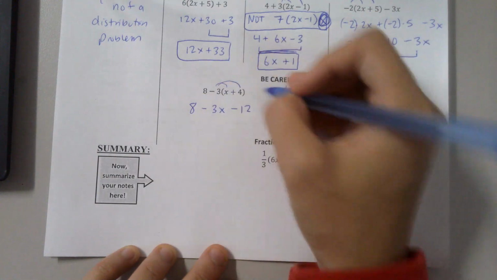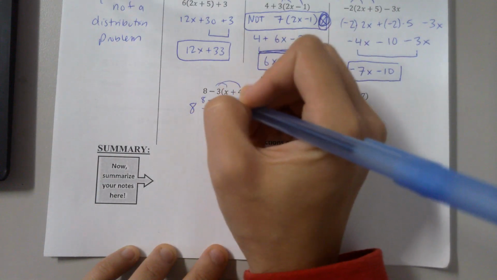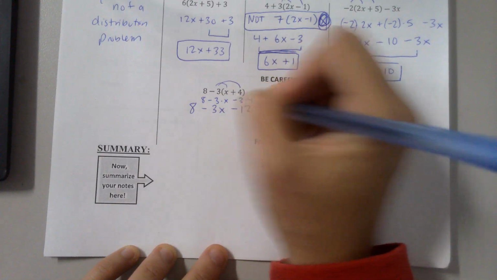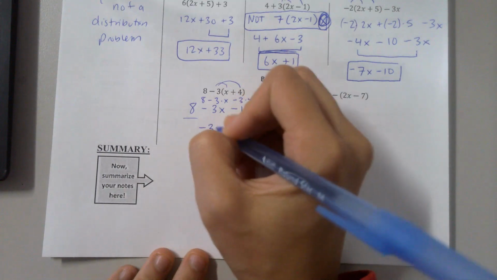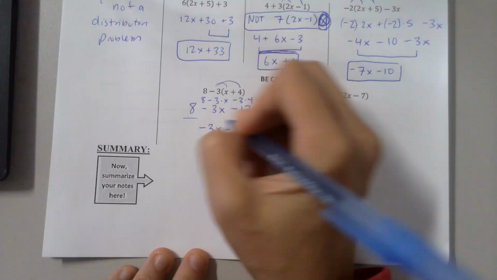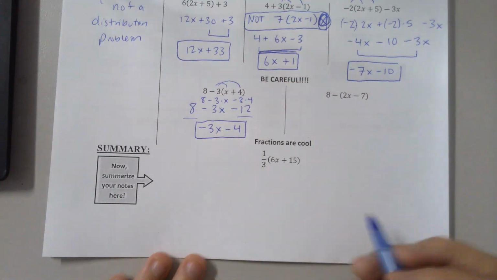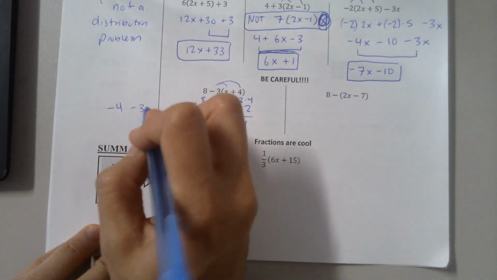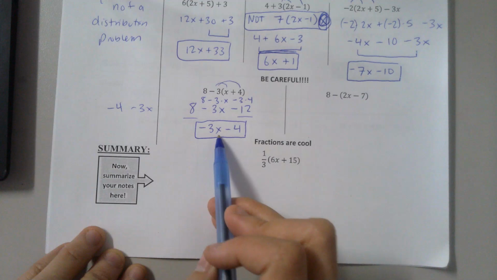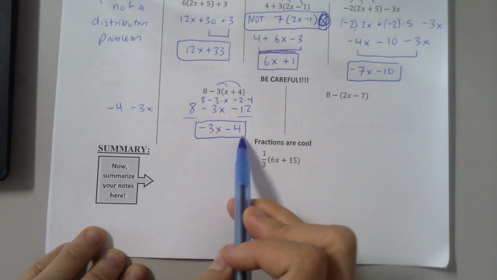I'm going to write a step up here. 8 minus 3 times x minus 3 times 4. And then we combine our like terms. So we have negative 3x, 8 minus 12 is negative 4. You could write it negative 4 minus 3x, but typically it's better to do the variables first, and then the numbers without any variables.